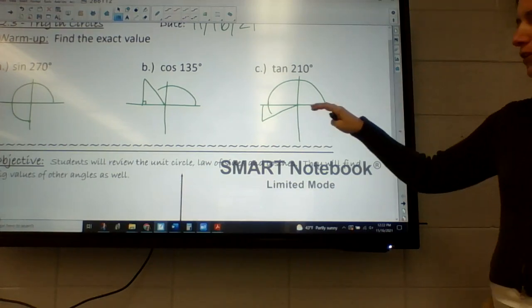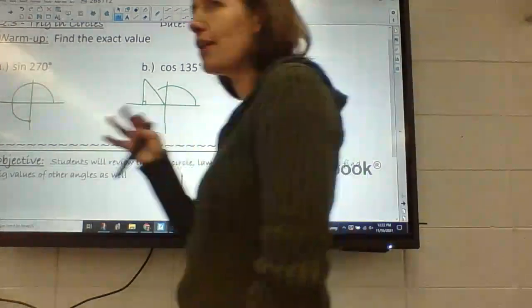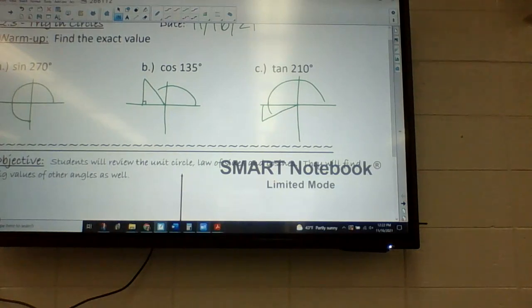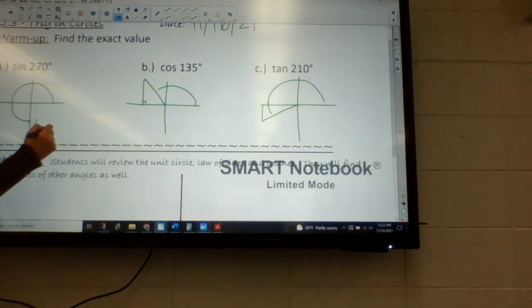So a 30-degree angle, I try to make it look like a 30-degree angle. That way it visually makes sense to me. Obviously, guys, can you stop please? Like 45 is probably a little bit tougher. My 45 and 60 probably end up looking a lot alike. But so in my sine of 270 degrees, my coordinate point is down here.